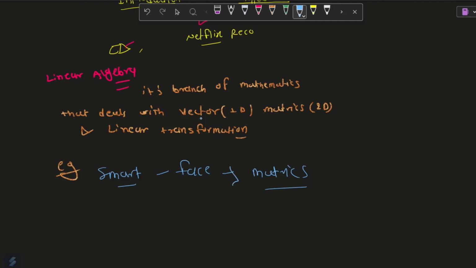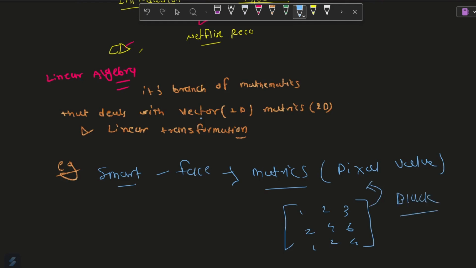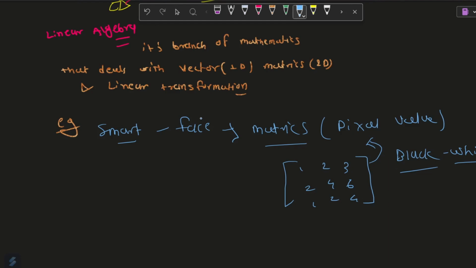The face lock creates pixel values, which look like a matrix: one, two, three, two, four, six, and one, two, seven, four. These pixel values in black and white are used to recognize your face, and the smartphone becomes unlocked. That's one of the best examples.